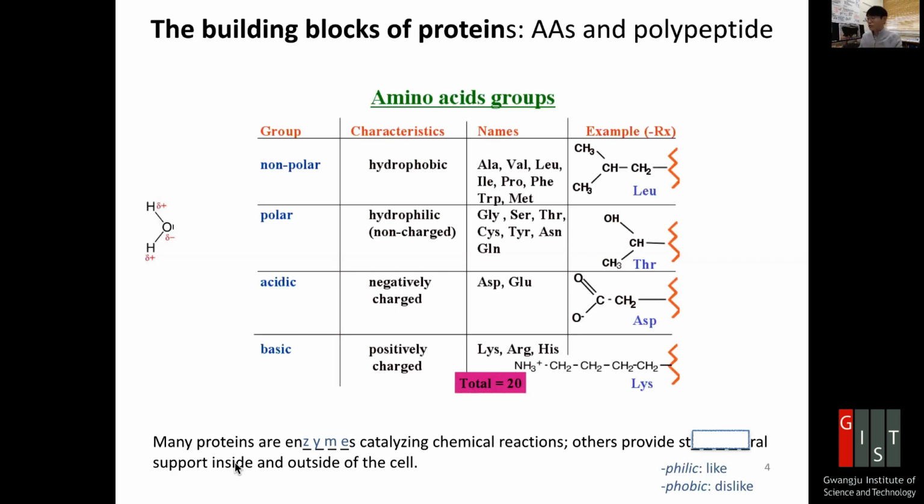So this is structural support. What else can proteins do in our body? Can you think of? Yes, antibodies are all proteins. So proteins are the most important functional unit of our body. And these are nano structures, nano machines in our body.